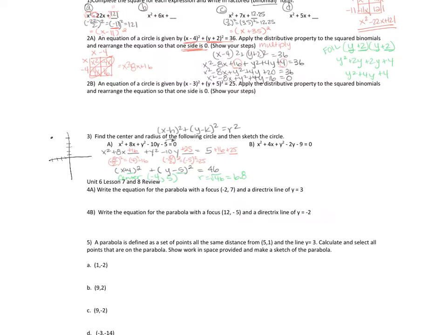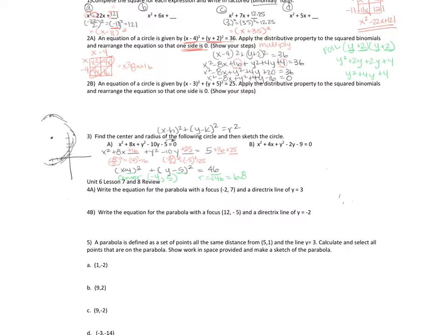So if I was on graph paper, I would count up almost 7 to the left, to the right, up and down. And then I would get 4 more points. So up almost 7, right almost 7, left almost 7, down almost 7. And then I would draw in a sketch of my circle, and I went off my drawing screen, but you guys could pencil that in for me. You can try B on your own and check your answers in the locker.